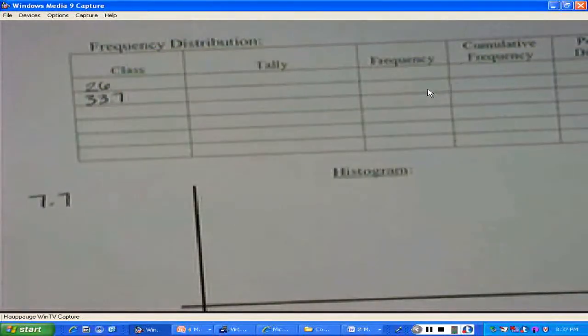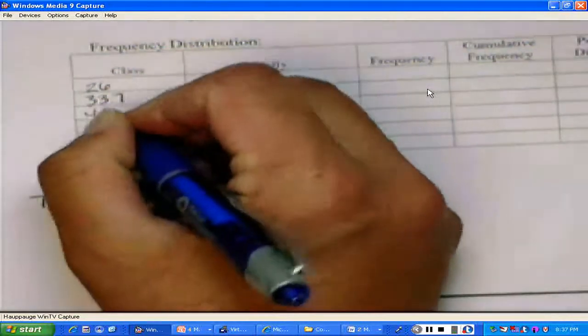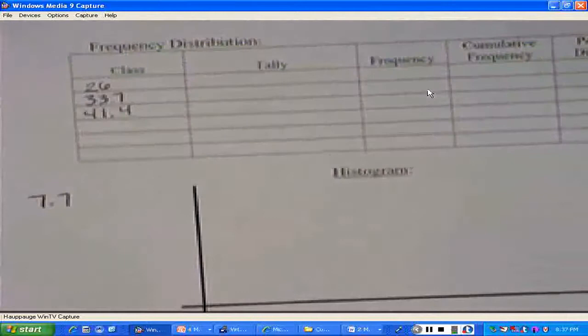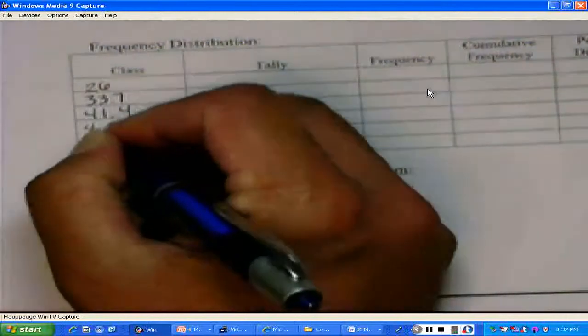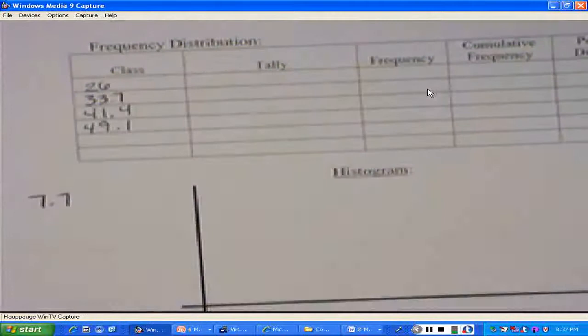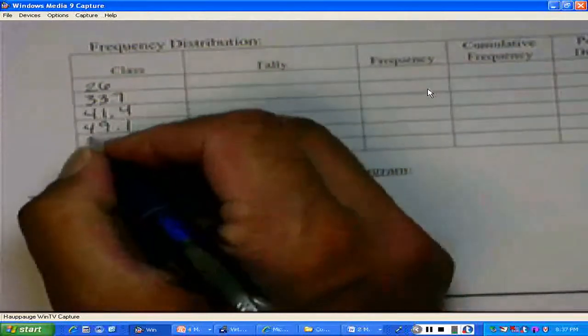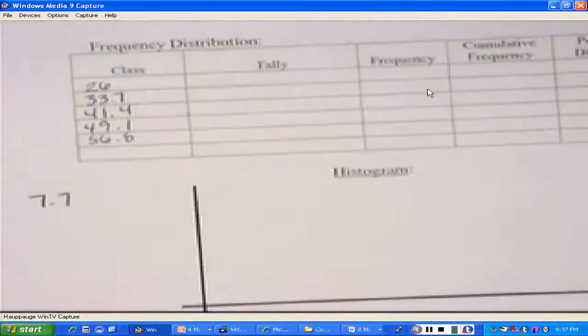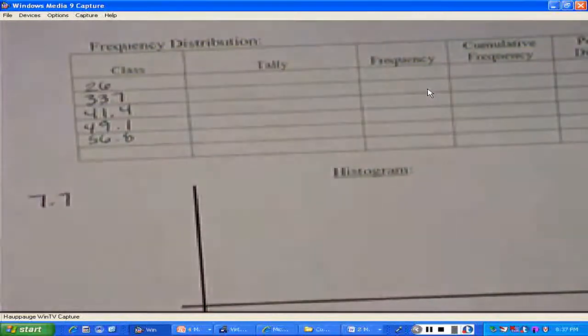Plus 7.7, and that gives me 41.2. Add 7.7, and that gives me what? Add 7.7, and that gives me 56.8. Add 7.7.